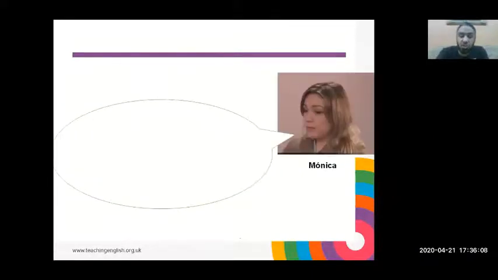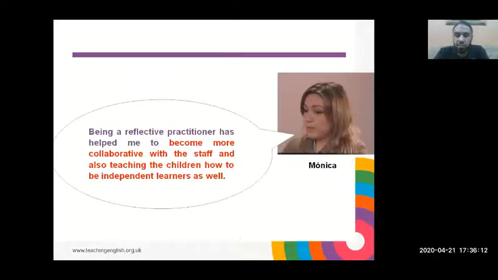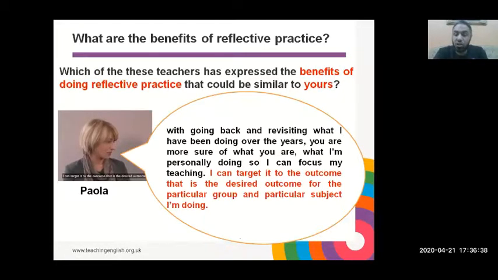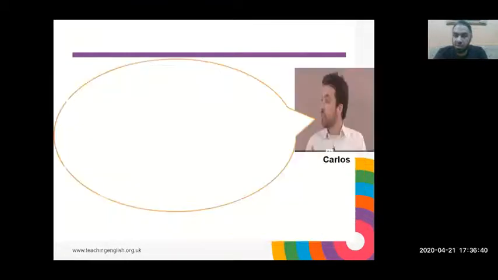And the last teacher is Monica. Monica says, become more collaborative with the staff and also teaching the children how to be independent learners as well. So we have 3 points. The first one, she related the reflection with the learning outcomes.